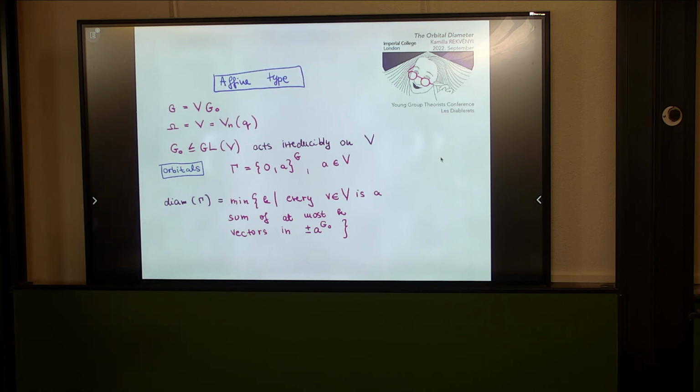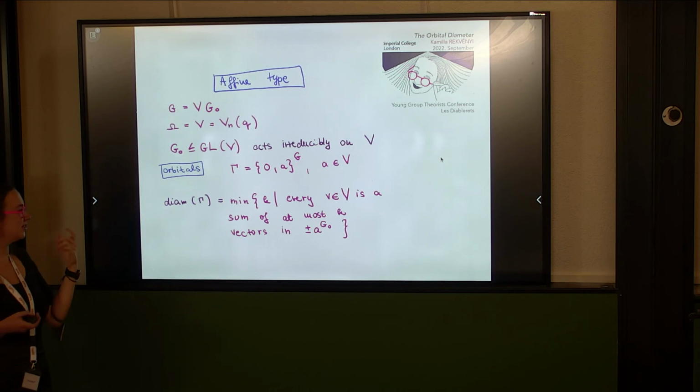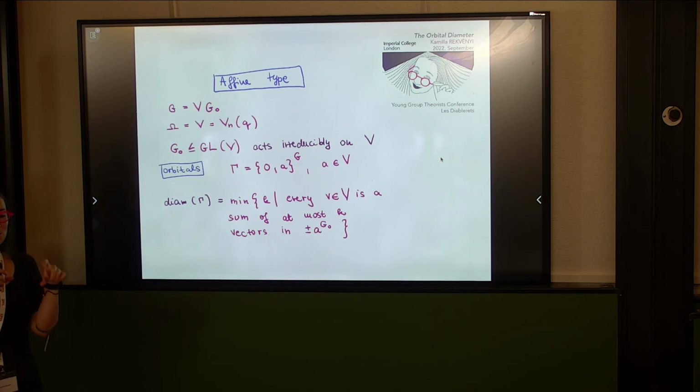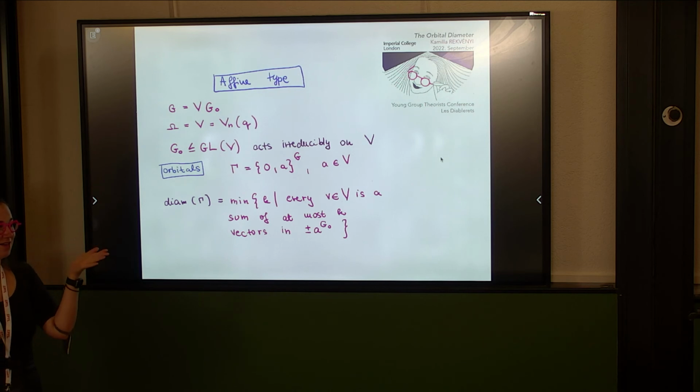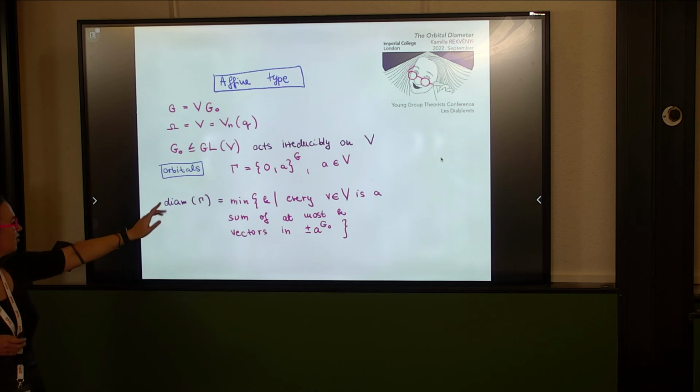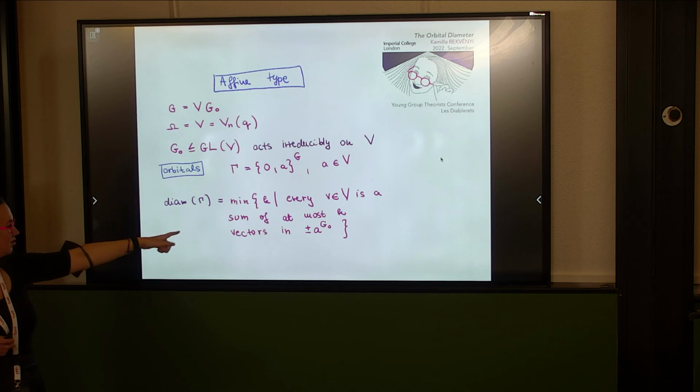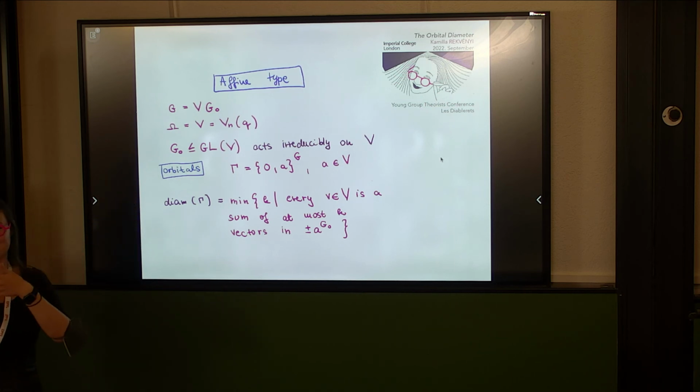And then it's quite natural to see that the diameter of an orbital graph is the smallest k such that we can express every vector in the vector space as a sum of at most k things in the orbit of a under g0, or the negatives of these, because again we're looking at an undirected graph.